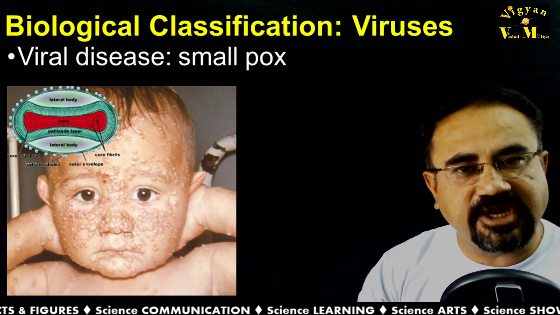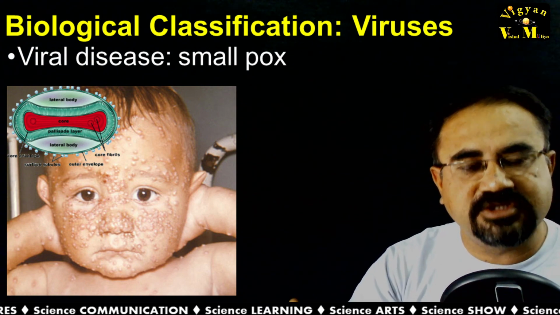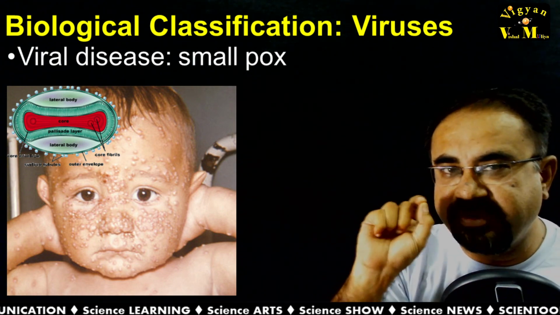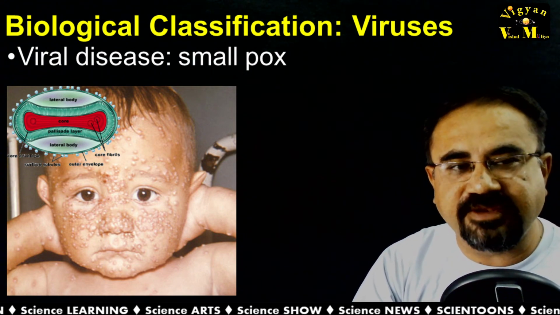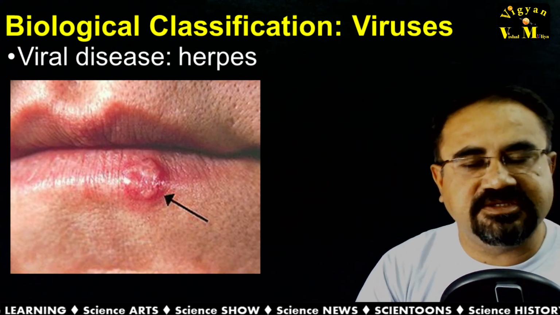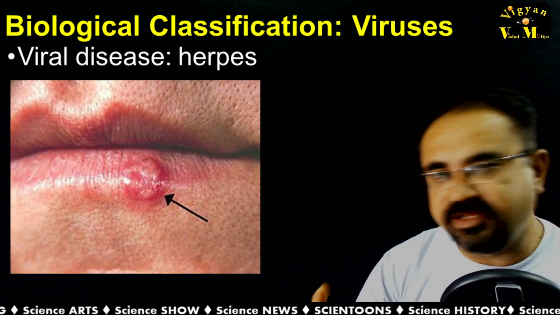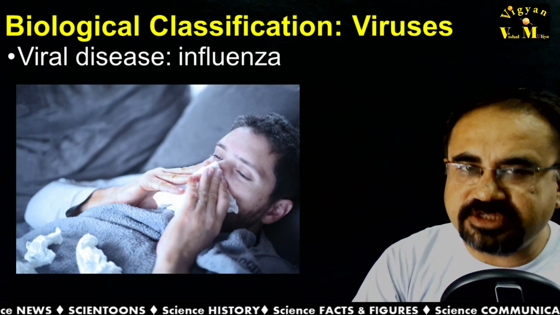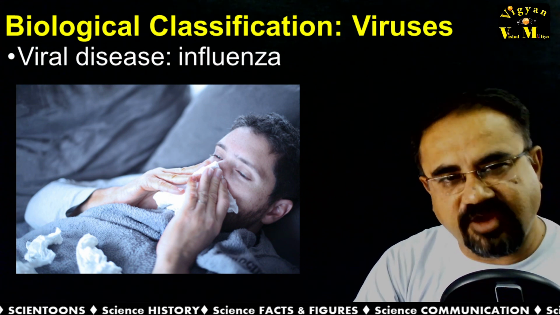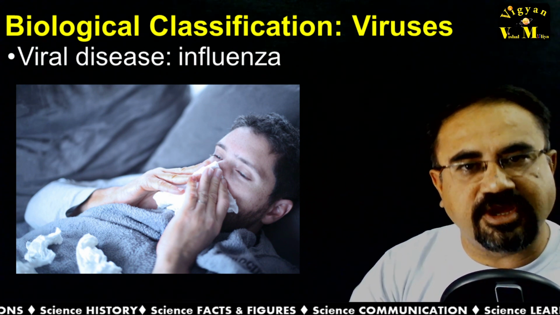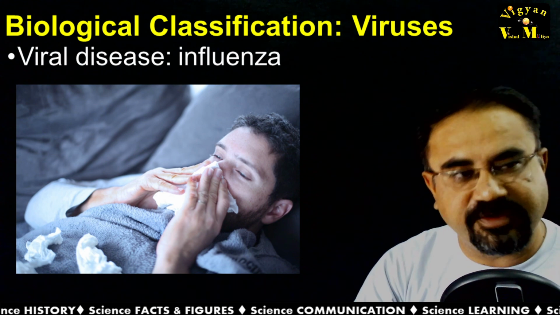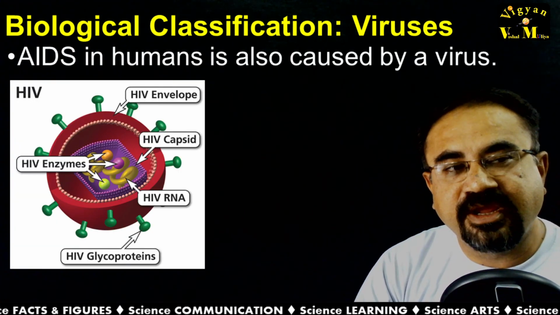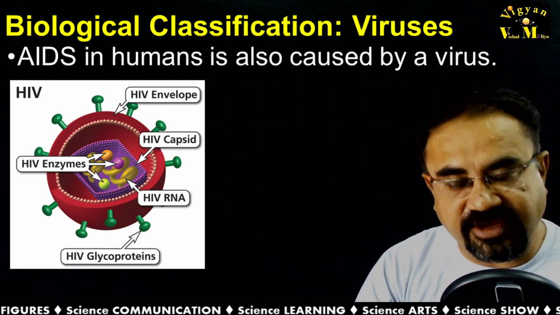Smallpox, generally known as chickenpox, is recognized by spots on the skin. Herpes occurs either on the face or even on the reproductive organs. Influenza is commonly known as an infectious disease with common cold as well as fever. AIDS is well known to us, and it is caused by a virus, that is HIV.